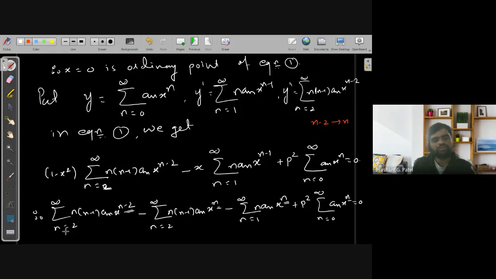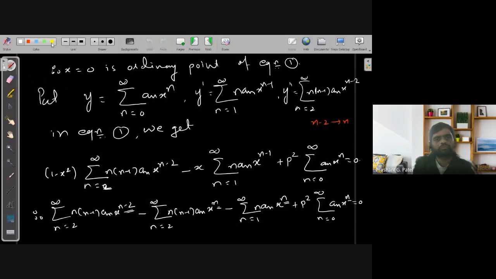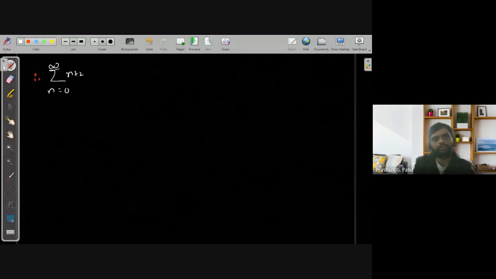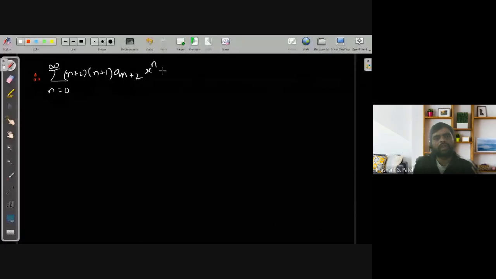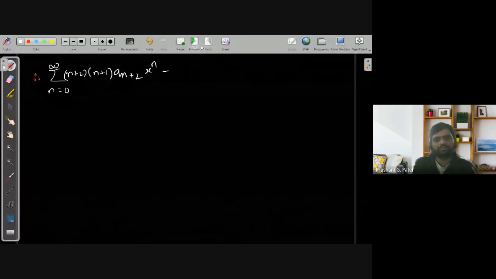So this summation will now start from 0, and we have summation n running from 0 to infinity. If n minus 2 becomes n, then n becomes n plus 2, so n into n minus 1 becomes n plus 2 into n plus 1, a n plus 2, x raised to n. And all the rest of the things are as they are.